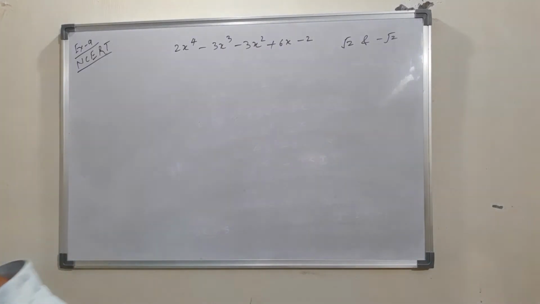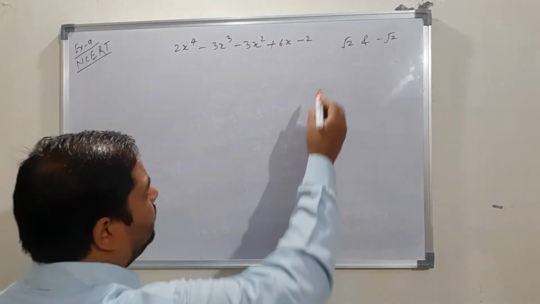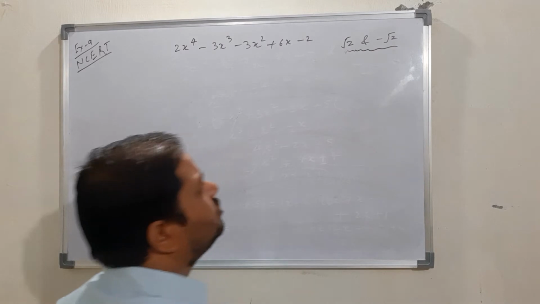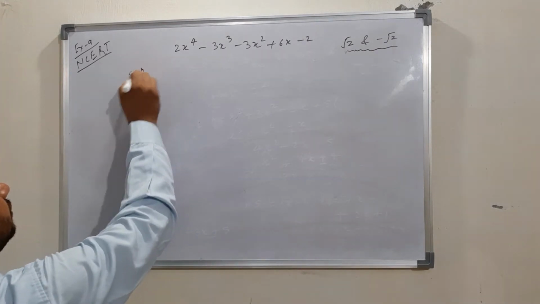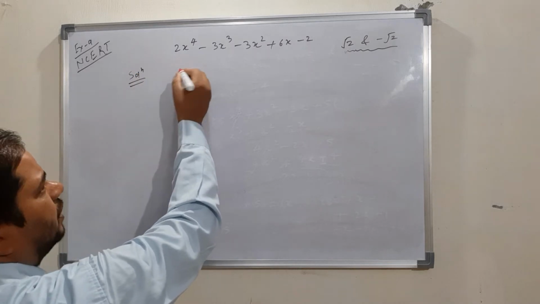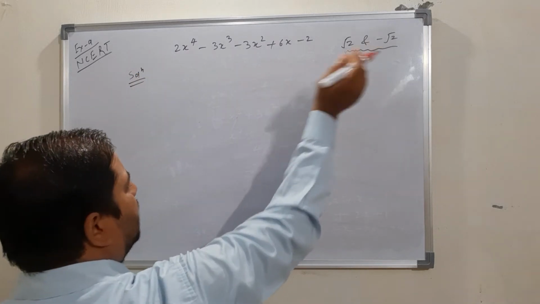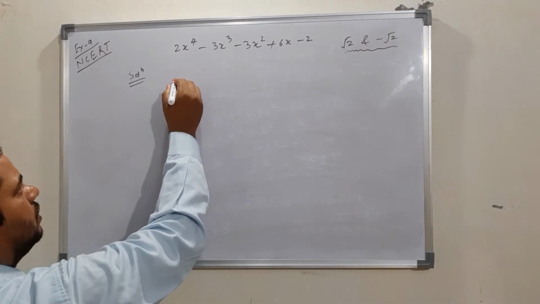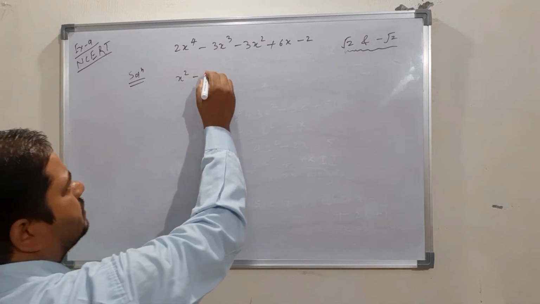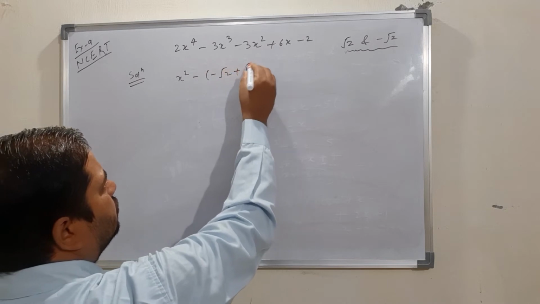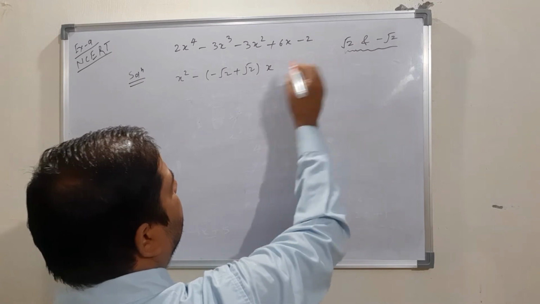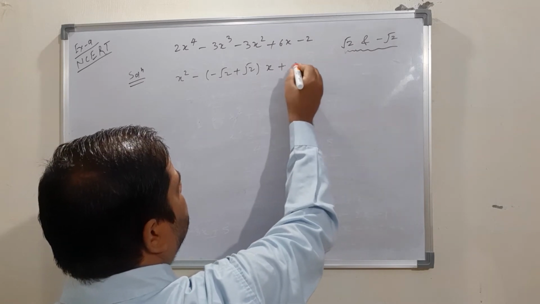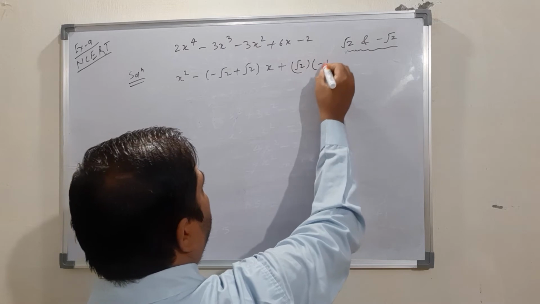We have to find all the rest of the zeros. First of all, we find a polynomial whose zeros are root 2 and minus root 2. So, x square minus (root 2 plus minus root 2) x, plus the product of root 2 and minus root 2.